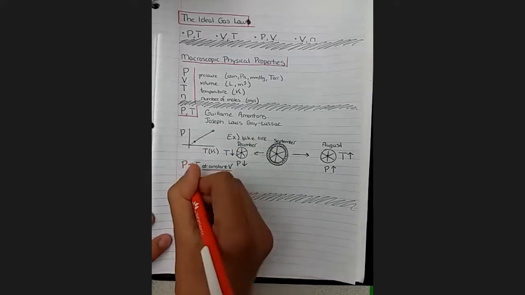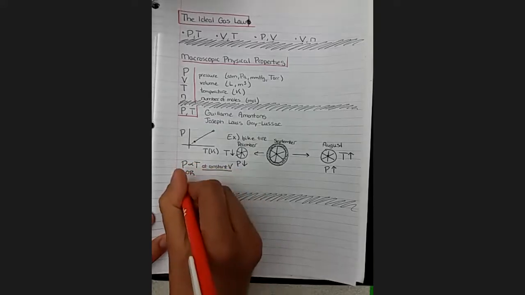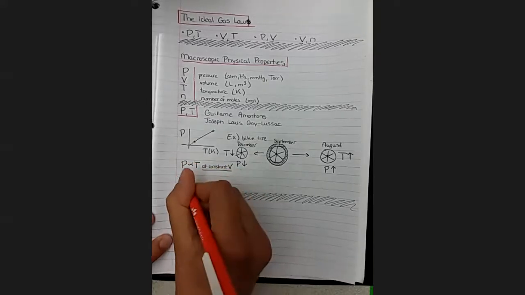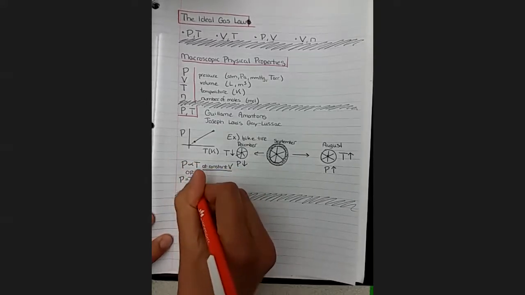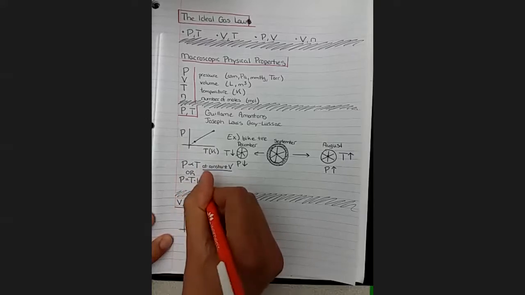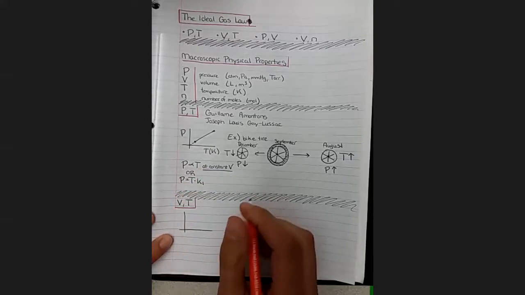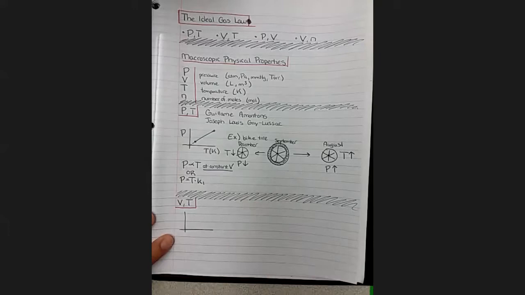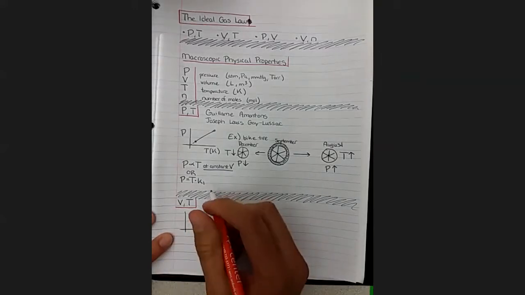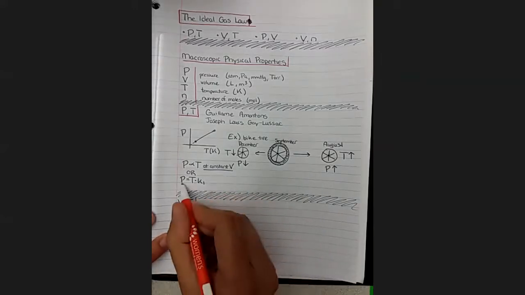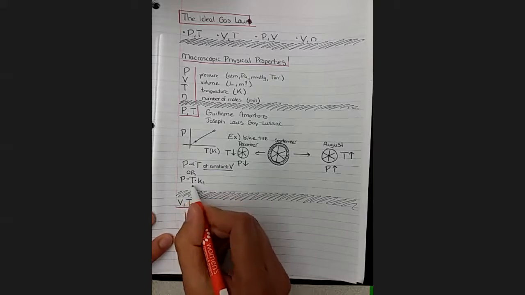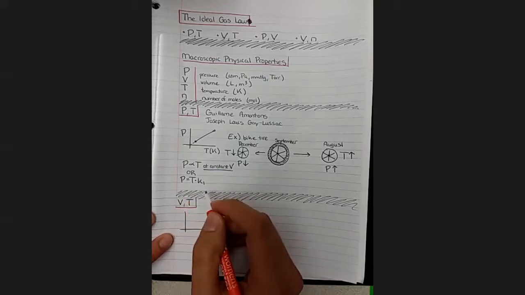And another way that we can write this is to write it more like an equation. So we can say pressure equals temperature times some number, some constant K1. If you multiply by the constant, those numbers are equal. And you can see that they're directly proportional because they're both on the numerator on opposite sides of the equal sign.